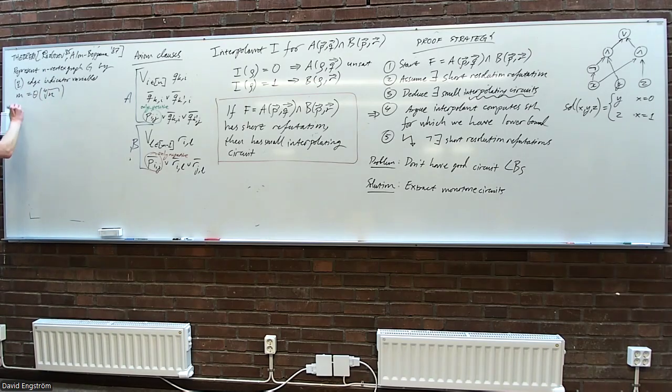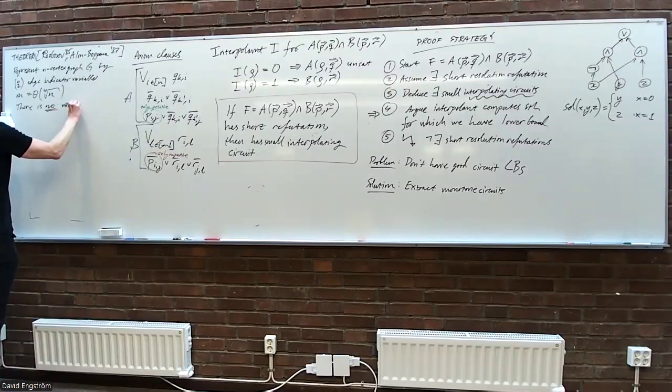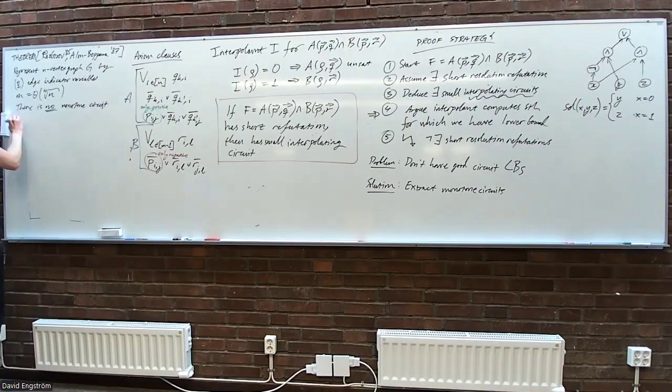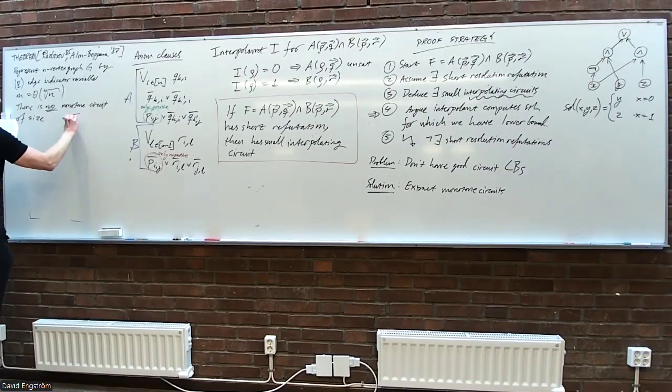Then, for these parameters, there is no monotone circuit of size less than exponential in square root n.